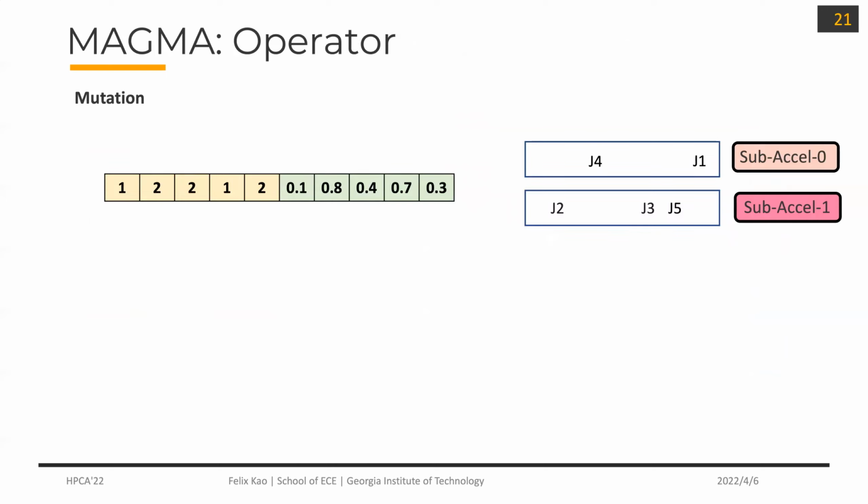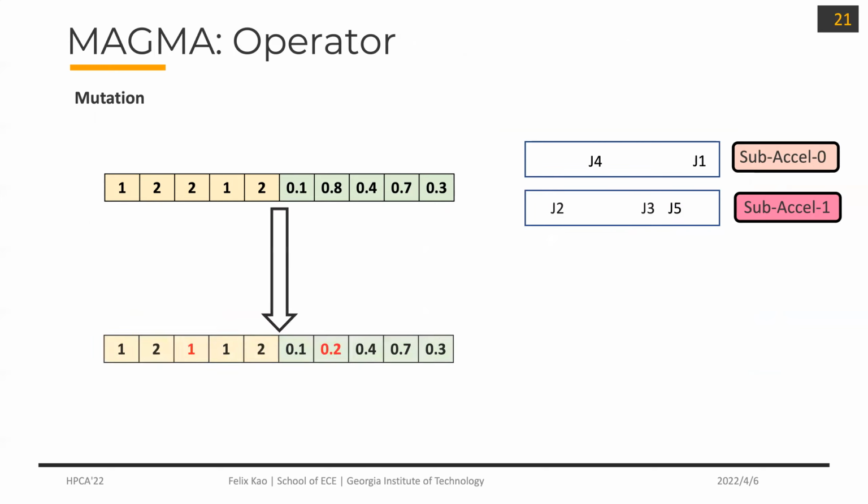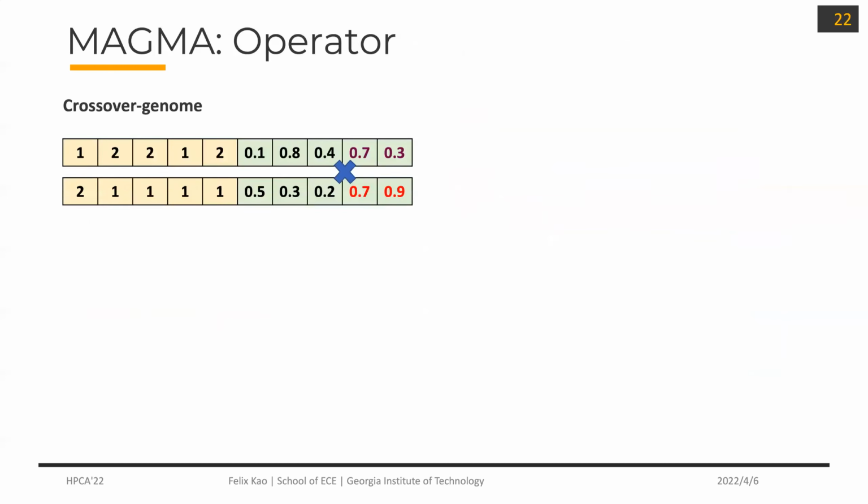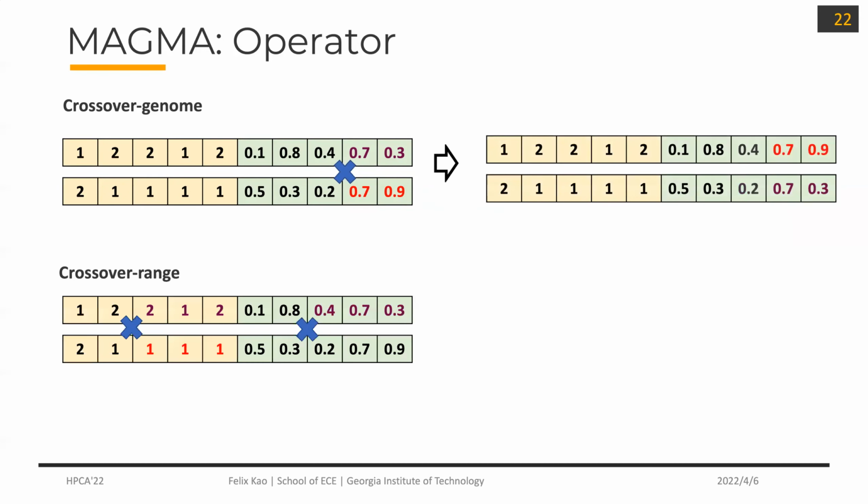The efficiency of the algorithm actually comes from the customized operators. For example, this is the mutation operator. And these are the corresponding changes to the schedule after mutation. We have 3 customized crossovers as follows. First, crossover gene will cross over a region of either of the sections, and crossover range will cross over a region of both the sections simultaneously.